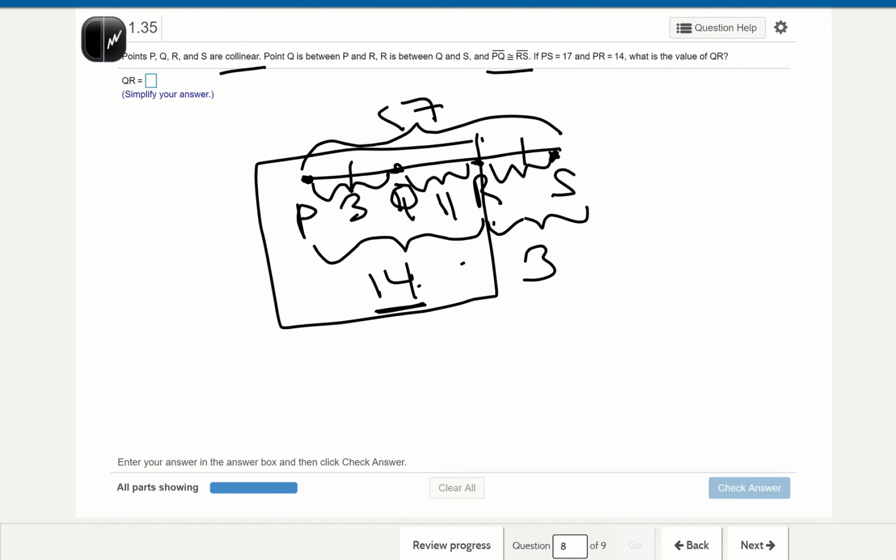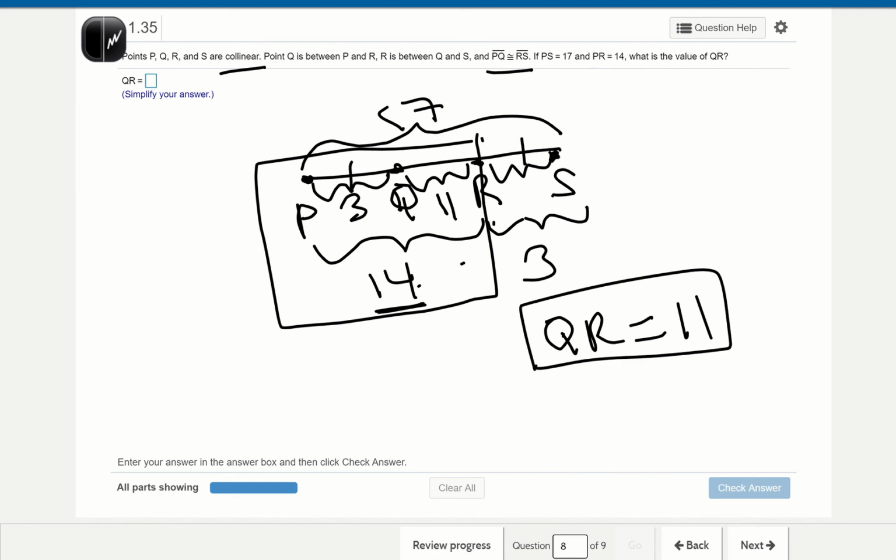And therefore, QR is equal to 11. You can show that by writing the segment addition postulate. I definitely recommend writing it out, like PQ plus QR equals PR, just as practice, because you're going to need to know how to do that eventually and get used to it.